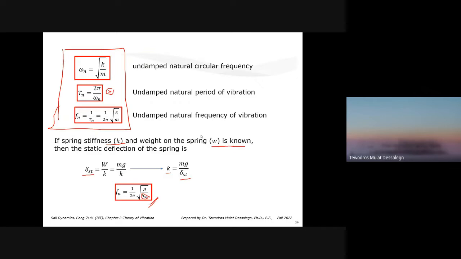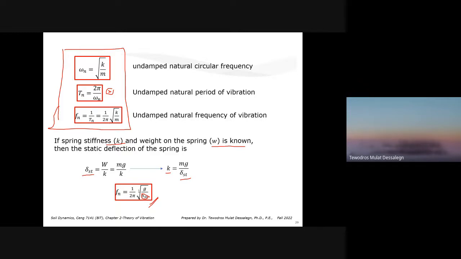And we derived the most fundamental equations, where the natural circular frequency wn is the square root of k by m, and the period of the motion is 2 pi by wn. Wn is 2 pi fn, so the frequency is 1 over 2 pi square root of k by m, and the period is just the inverse, 2 pi square root of m by k.